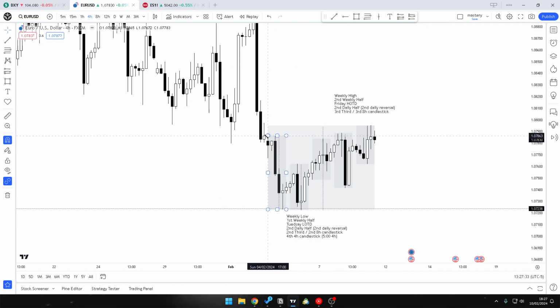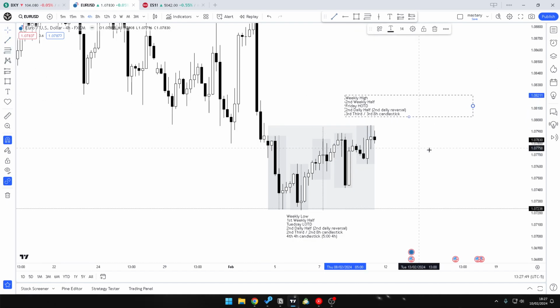So you can see the Monday reversal trading lower, we can see the Tuesday, we can see the weekly half, which is also the Wednesday half, we can see the Tuesday as well, and we can see Friday, which is not shown because price is made that candlestick. Now, right here, I can also say that because it was made on the third half, the third hour candlestick, it means that it was made between 9 and 17.